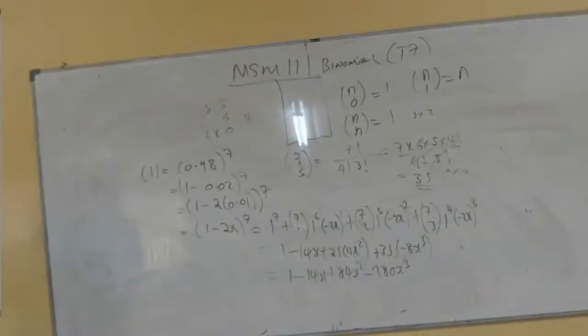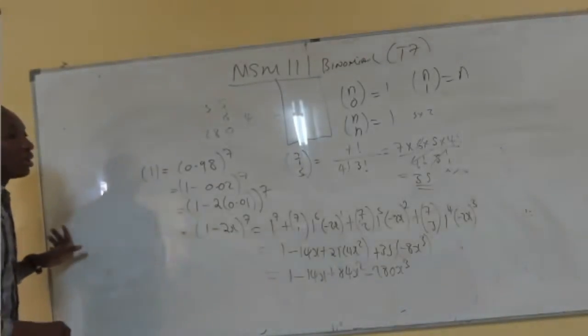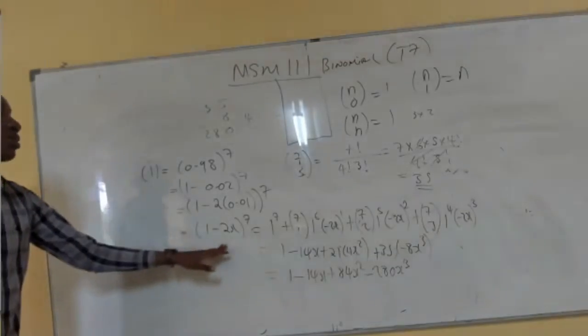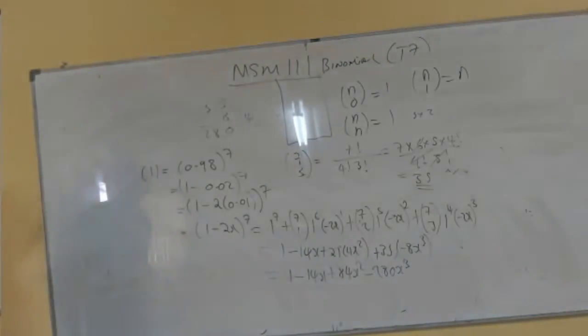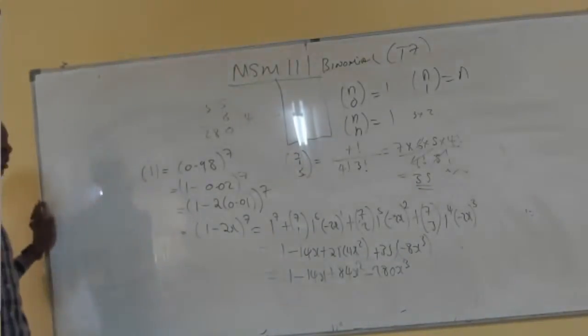Okay, so that is the expansion that we have. 1 minus 14x plus 84x squared minus 280x to the power 3. So that is the expansion for 1 minus 2x to the power 7, up to the third term.